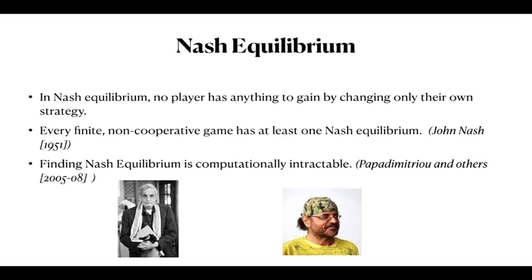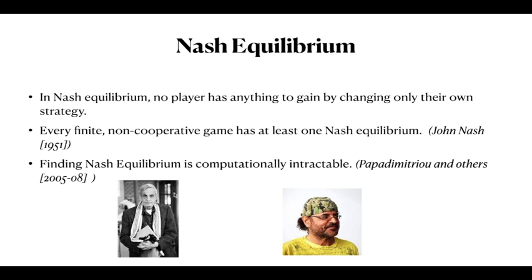So we saw that Nash equilibrium provided stability. No player had anything to gain by changing only their own strategy. And this was a very famous result shown by John Nash, which eventually got him the Nobel Prize. It was that every finite non cooperative game has at least one Nash equilibrium.